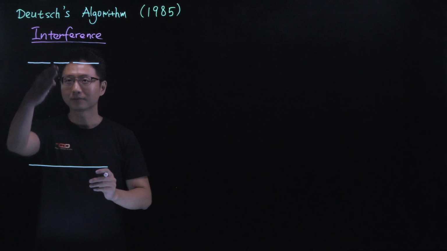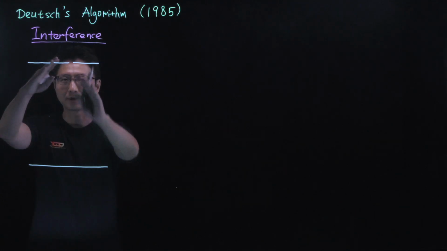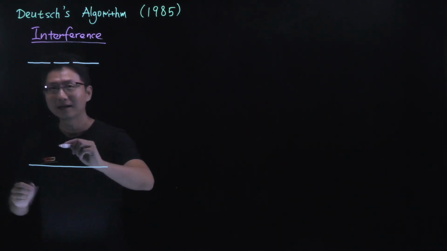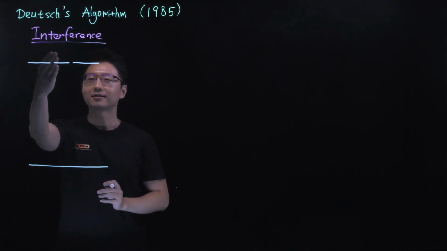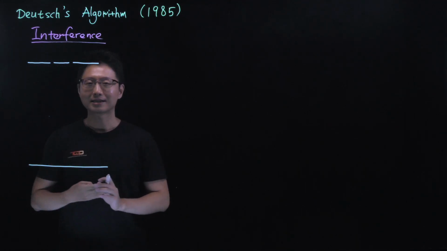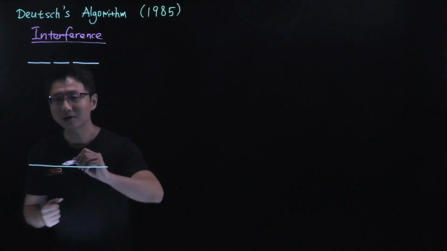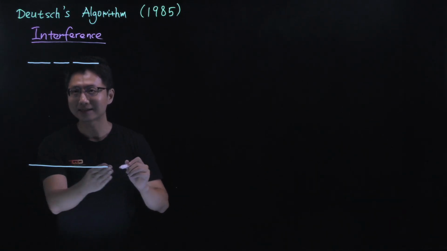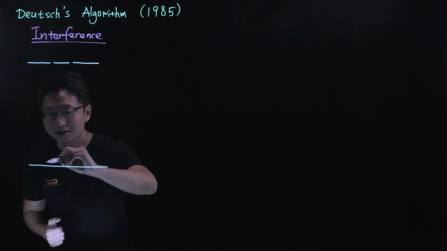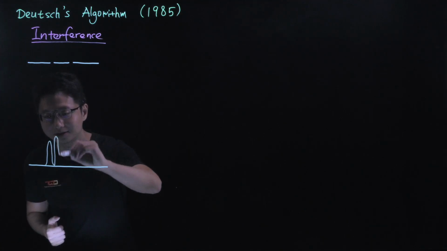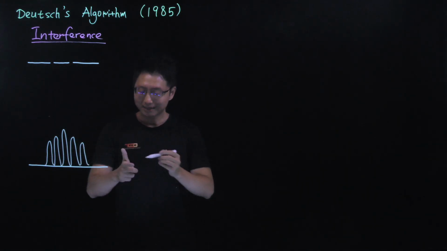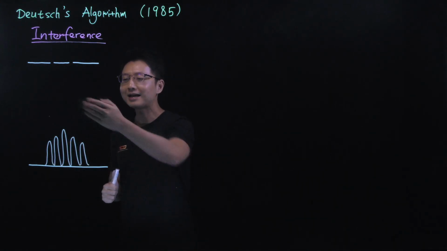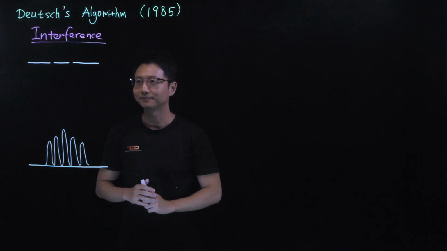These are not drawn to proportion, but the screen should be quite far away from the slits. This experiment has been done with water waves, with photons, with electrons, etc. And we always observe an interference pattern at the screen. That is, at the screen, you will see some pattern which looks like this, where the intensity oscillates between high intensity and low intensity.